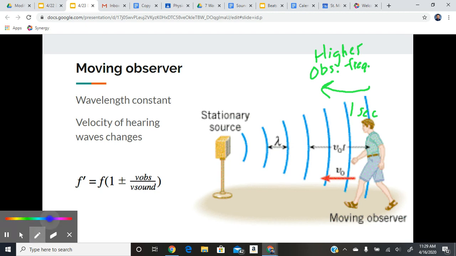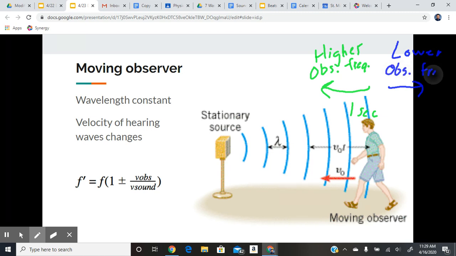Okay, now I can say the exact opposite is true. If I am walking away, now I would have a lower observed frequency. Okay, so let's think about whether we want to add or subtract.